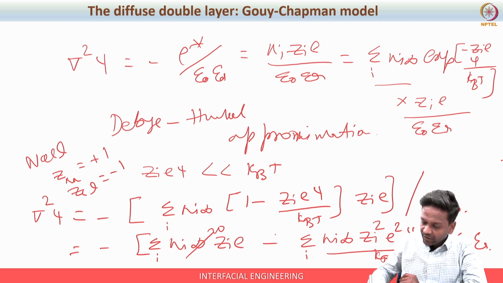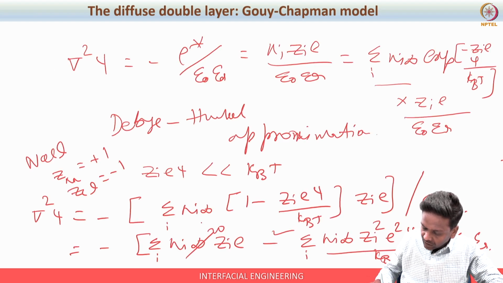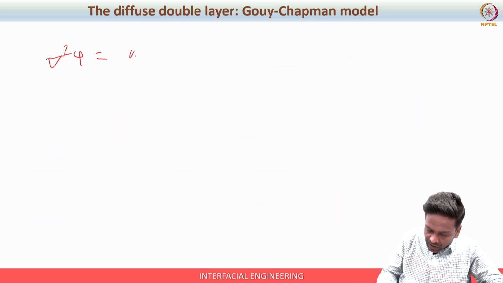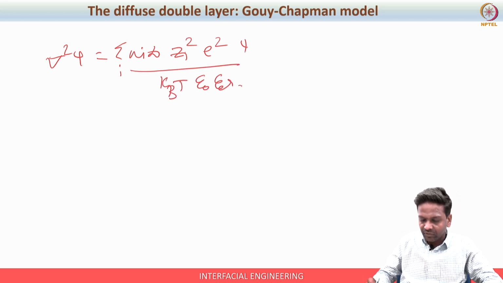Now, we will only have this term, which means that we will have del square psi equal to, with minus minus plus, Ni infinity, Ni infinity Zi square E square psi, divided by kB T E naught E r. So, this is what we will have.